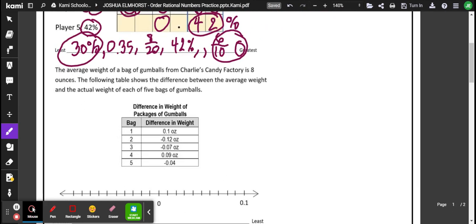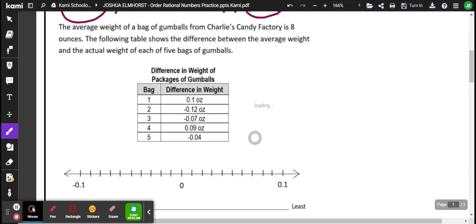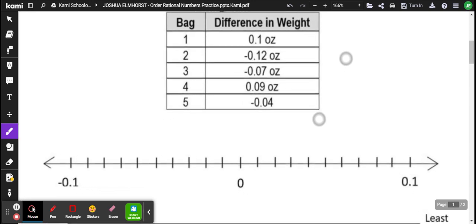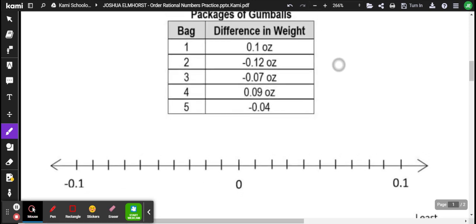So moving on to the next one, we got Charlie's Chocolate Factory, and we're looking at the difference in the packaging of the gumballs. Number lines can be very helpful in putting things into order from least to greatest. So the bag 1, there's a difference of positive 0.1.